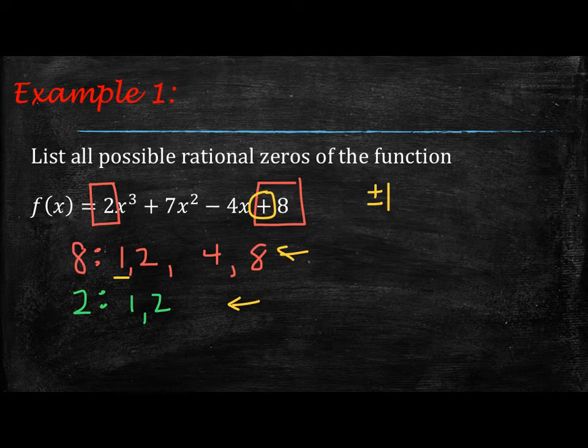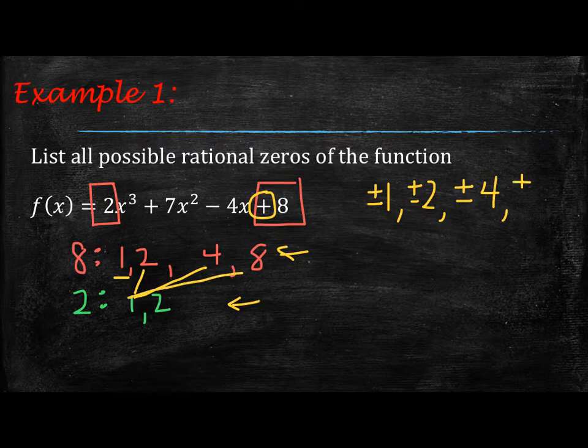So you just want to keep in mind that it's always going to be the plus or minus of what these factors are. Then you can also do 2 divided by 1, which would just be 2. Then you'd want to do 4 divided by 1, which would just be plus or minus 4. And then you'd want to do 8 divided by 1. So that would be plus or minus 8.